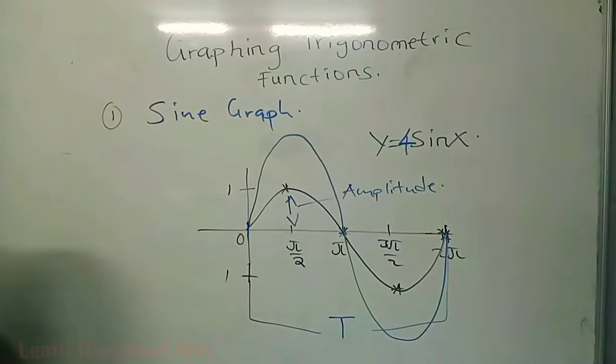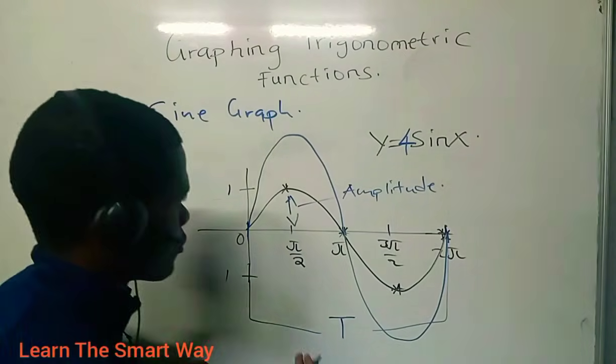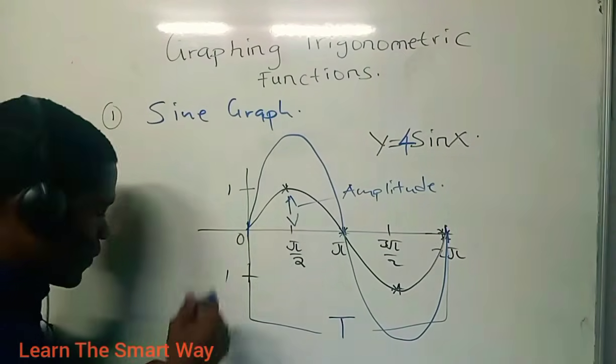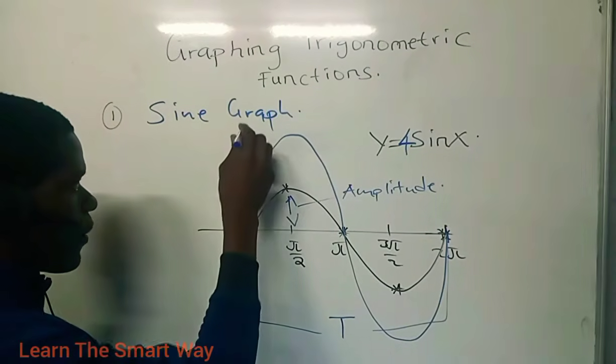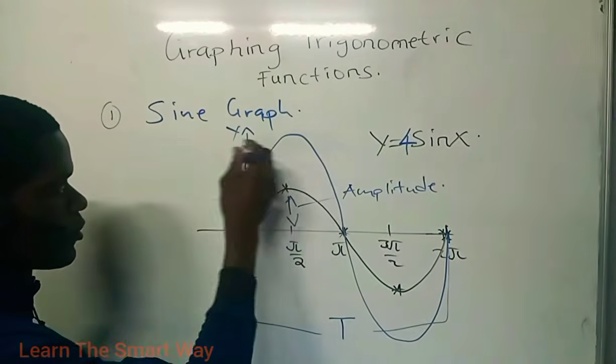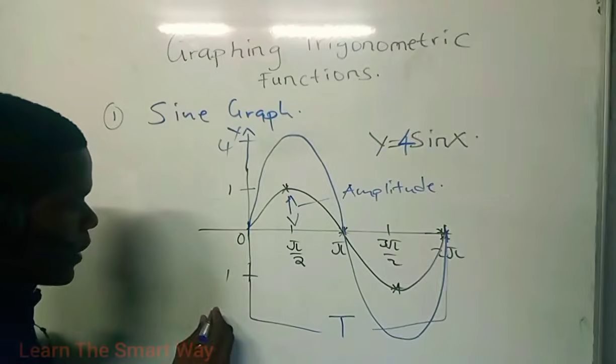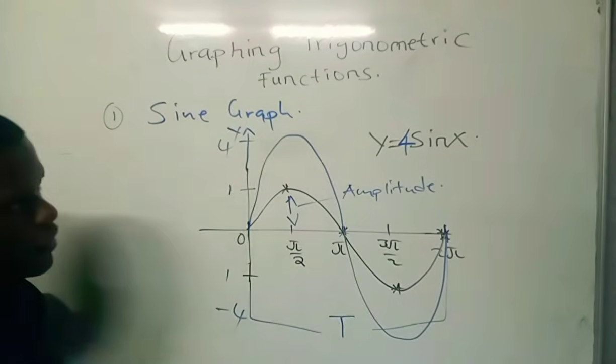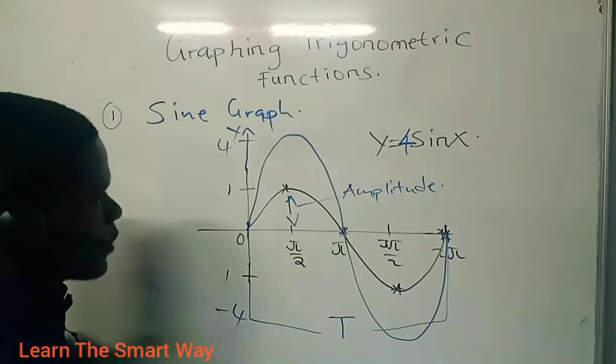Notice that it has not affected anything else other than how high the graph is going in the y-axis. So that would be a 4, and this would be a negative 4. That is how the amplitude affects the graph.